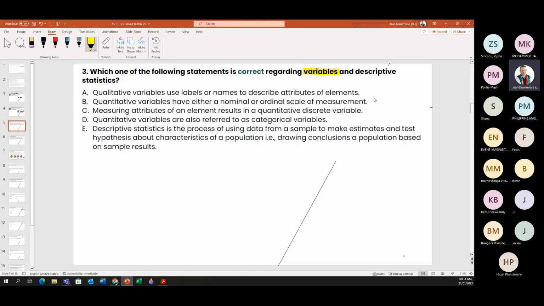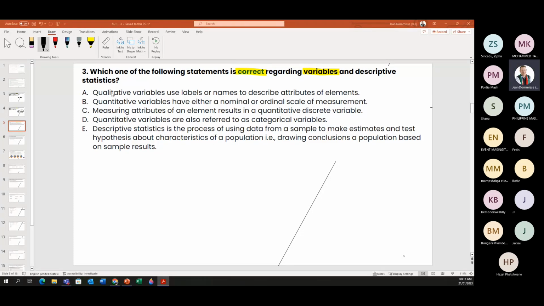The 2 things about variables is we look at measurements, and we look at different ways of describing variables. So again, asking which one is correct. Let's look at the questions and the options.